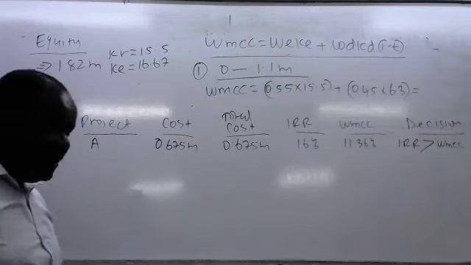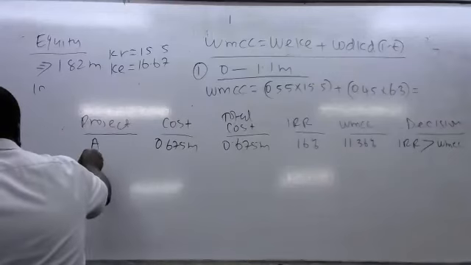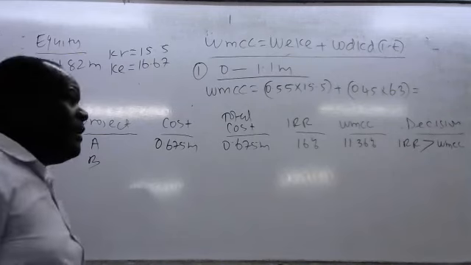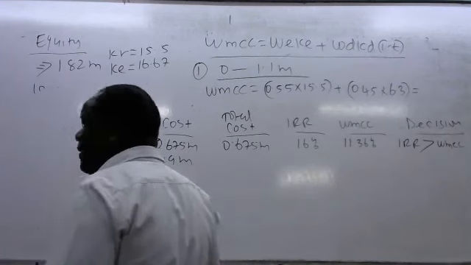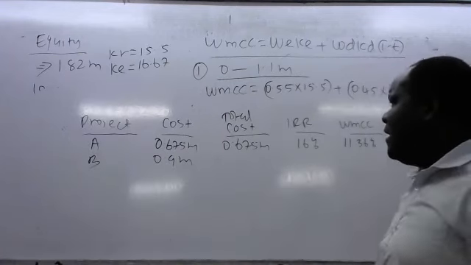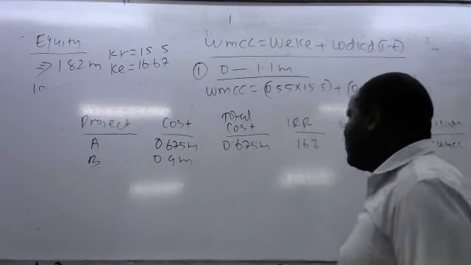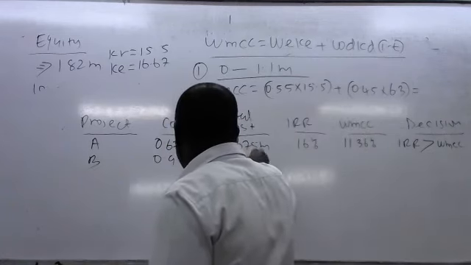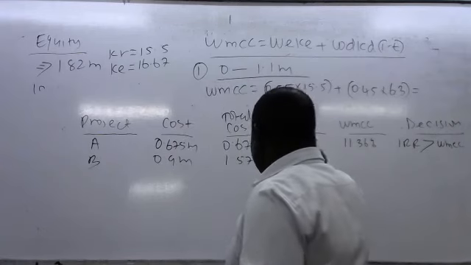The second rank is project B, the one with the next highest IRR. Project B had an initial cost of 0.9 million. So 0.9 million plus 0.675 gives us a total of 1.575. The IRR is 15.